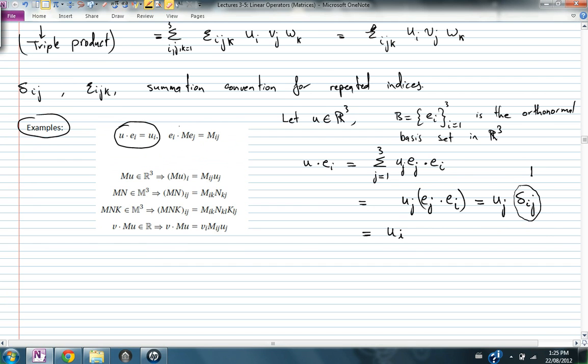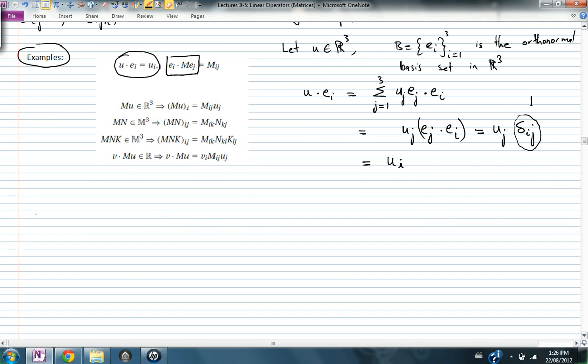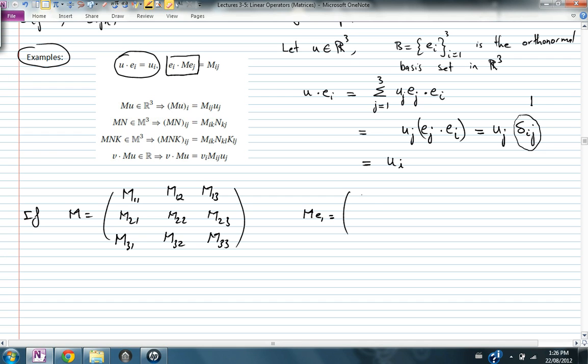Now let's look at e_i dot M e_j. If M is equal to the matrix M11, M12, M13, and so on, then M e1 is equal to M11, M21, M31, since e1 is equal to 1, 0, 0.